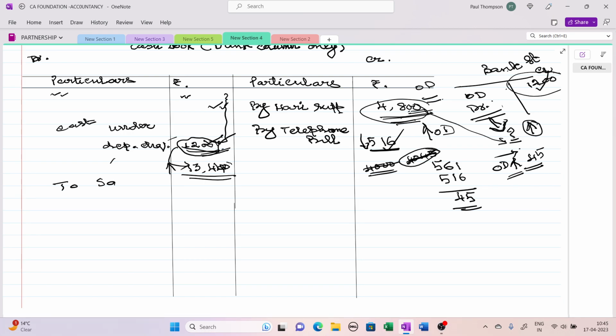The moment he gave me a check, the cash book will get debited. Here I have taken only the bank column, so don't get confused. So 1275. The moment I received a check from Satpal, I went to the bank and deposited it into the bank. So in the bank it should have got credited.